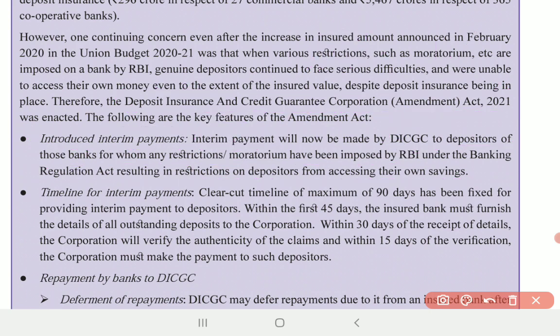And the second important thing is the timeline for interim payment. The interim payment has to be paid by DICGC, but in what period? A clear-cut timeline of 90 days was announced.